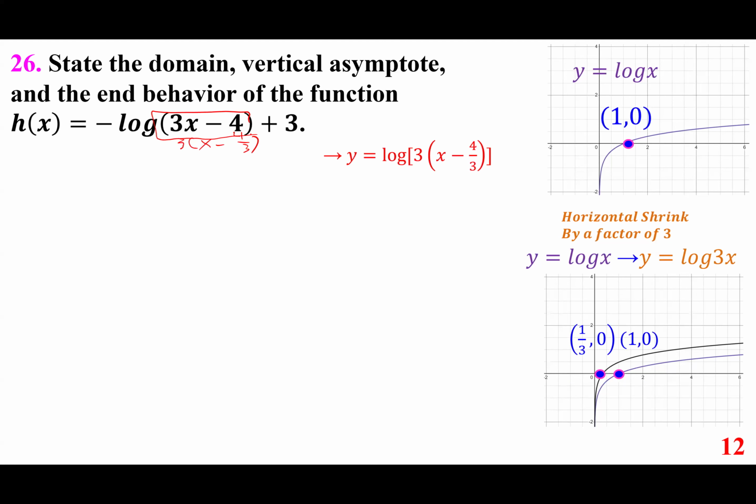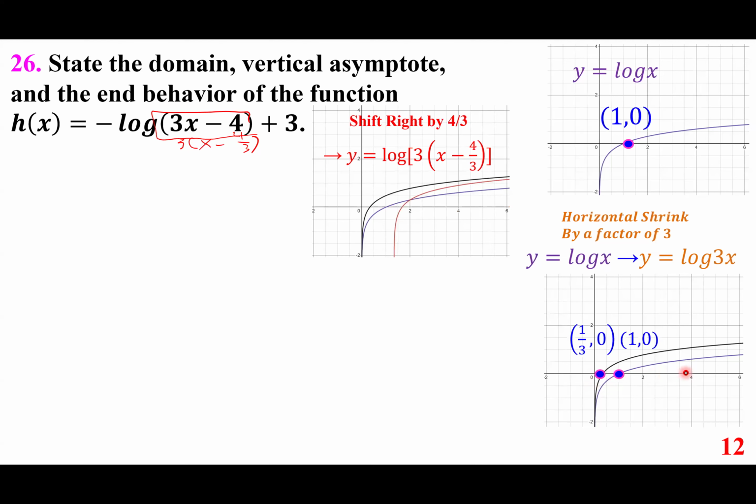And so I take a factor of 3 out. The reason I do that is because I want to make sure I understand there is a shift of 4/3 to the right. So this means shift right by 4/3. So this is the original one, this is the new one, and this shifts right by 4/3.